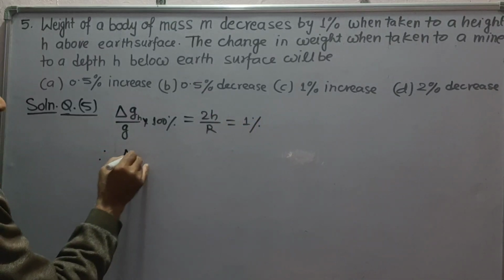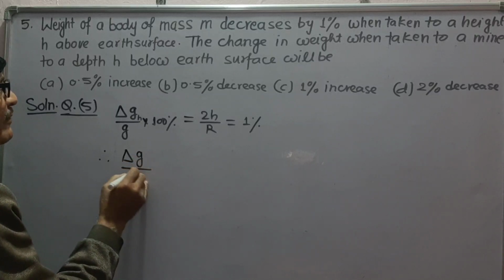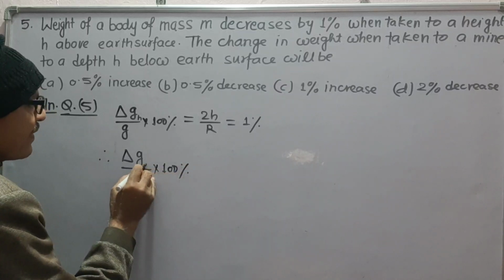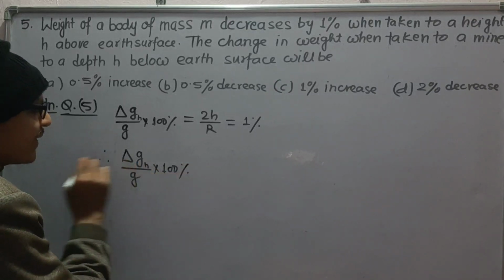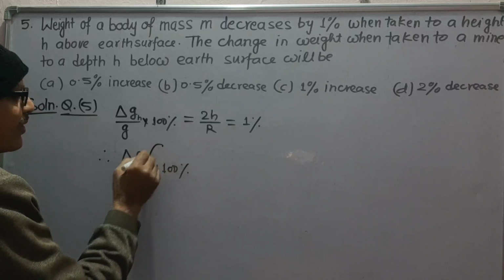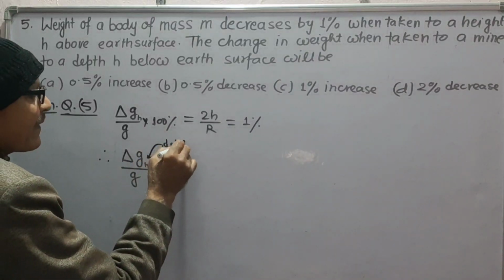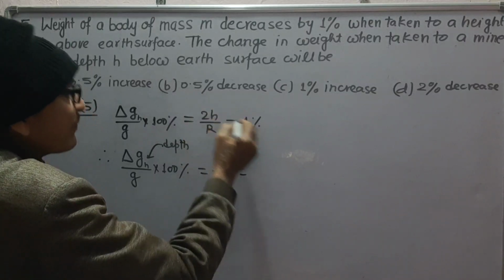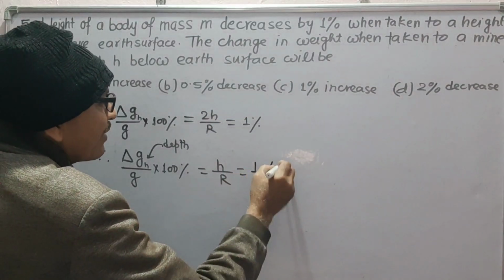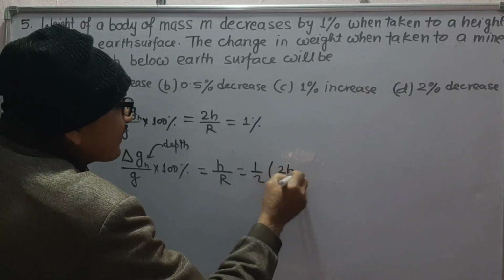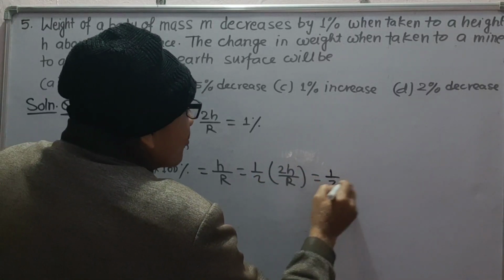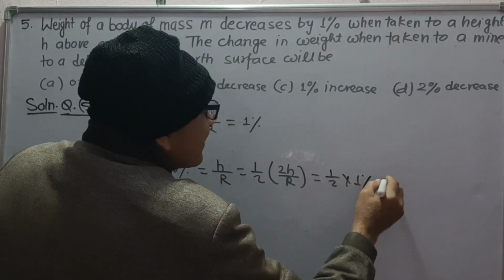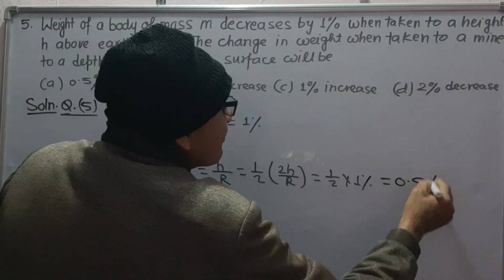Therefore, delta G upon G into 100% below height, below depth h will be equal to h upon R, which will be 1 by 2 of 2h upon R, that is 1 by 2 into 1%, that will be 0.5%.